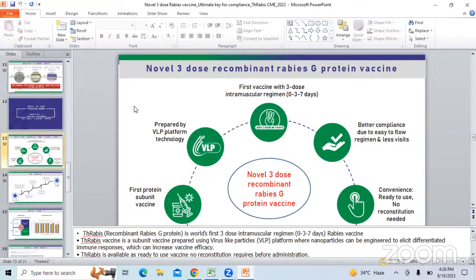It is a shorter course compared to the previous vaccine, with better compliance due to an easy-to-follow regimen and fewer visits, and the convenience of being ready to use, whereas the previous vaccine was in powder form and needed reconstitution.